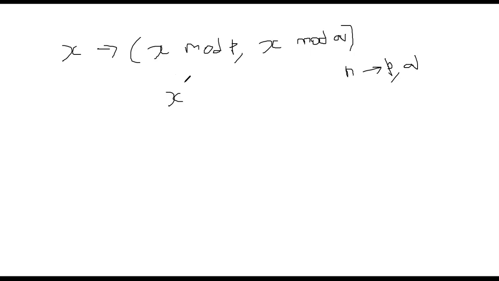So the secret x is revealed when you apply this transformation. Applying x mod p, x mod q wouldn't work if your x is so small. So you have to make sure that your x is bigger than p and q. Otherwise, the scheme wouldn't work.